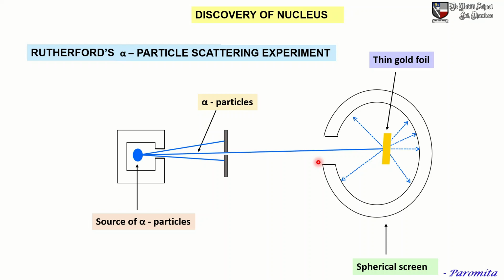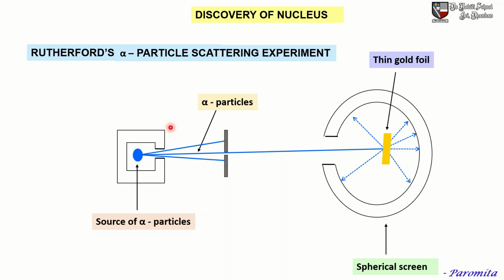This experiment involved the study of scattering of alpha particles by a thin gold foil. The alpha particle experiment provided a wealth of information regarding the composition of an atom. A brief description of this historical experiment is given below.